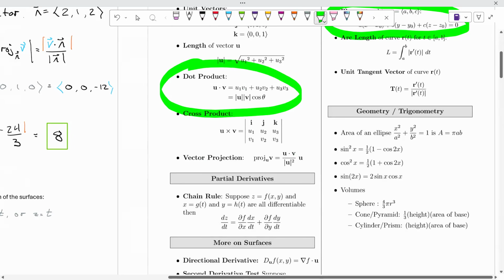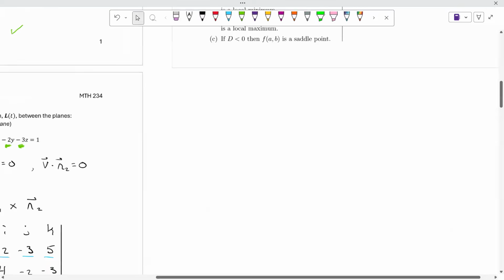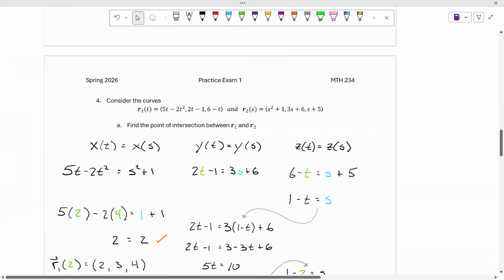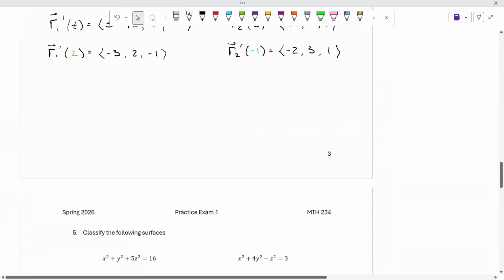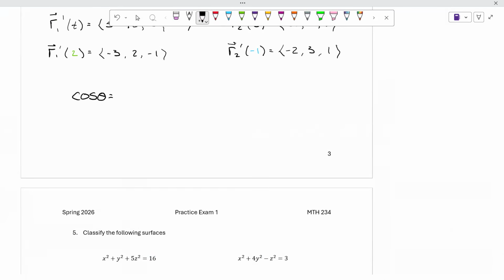Two vectors, u and v, can be expressed in terms of an angle that's between them, and just those two vectors. So the dot product is equal to the product of their magnitudes and the cosine of theta, which means to get theta by itself, I'm going to want to solve for cosine theta as the dot product divided by the product of the magnitudes.